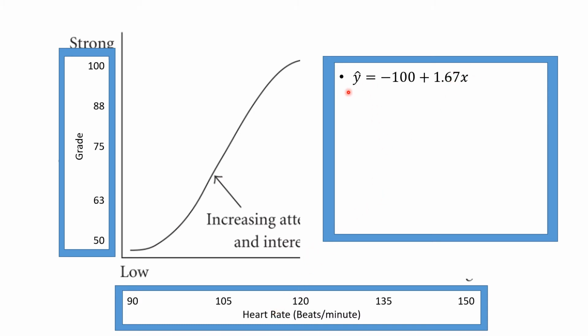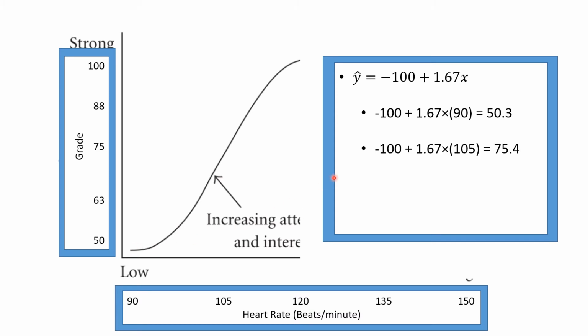This regression equation is going to fit perfectly with my students in my study. Remember, I only had students who had heart rates between 90 and 120. So for example, if I plug in a heart rate of 90 beats per minute, then the predicted grade is a 50.3, just as we see on the graph.